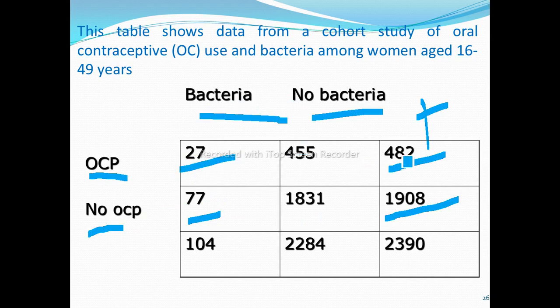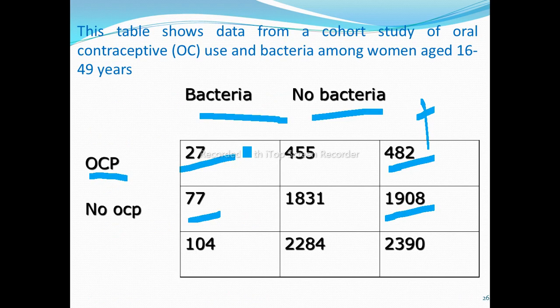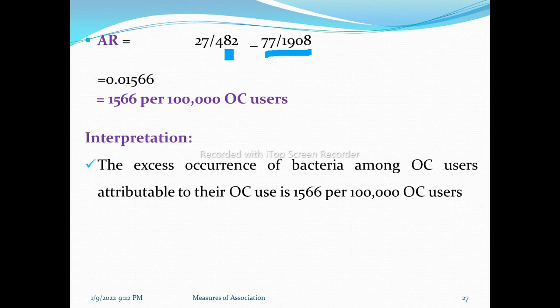So 27 over 482 is the incidence in the exposed, and 77 over 1908 is the incidence in the non-exposed. By the way, it is similar to calculating relative risk, where we divide the incidences. Here we subtract: 27 over 482 minus 77 over 1908, so we get 0.01566.